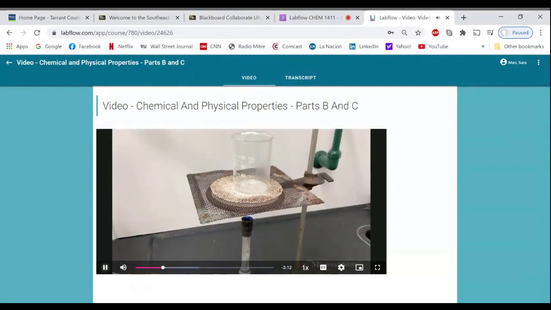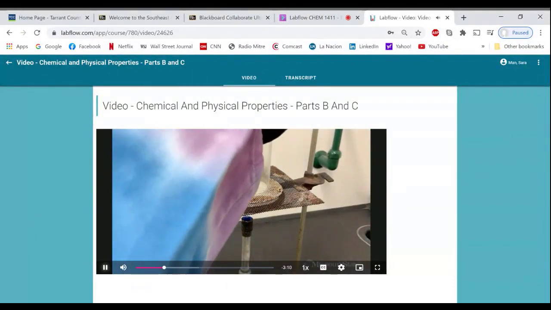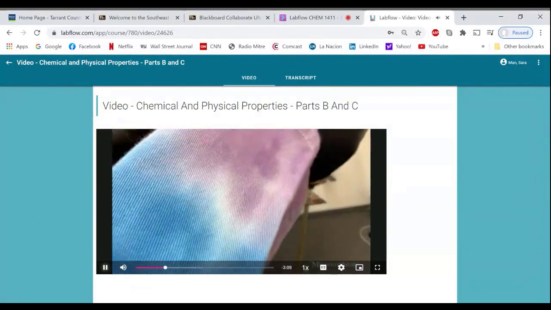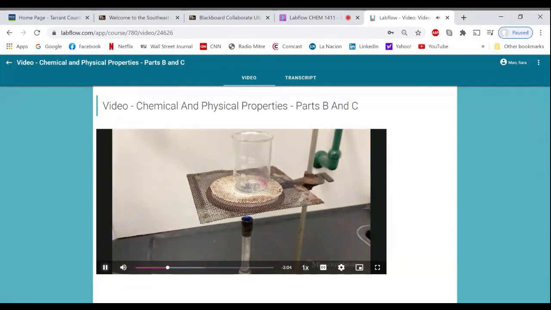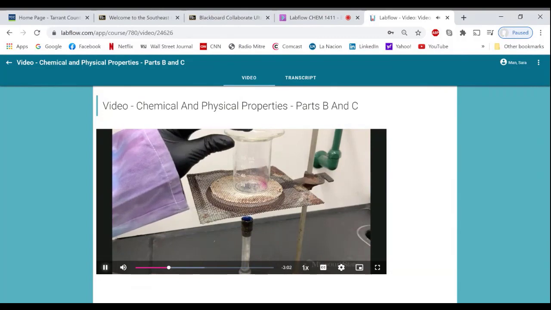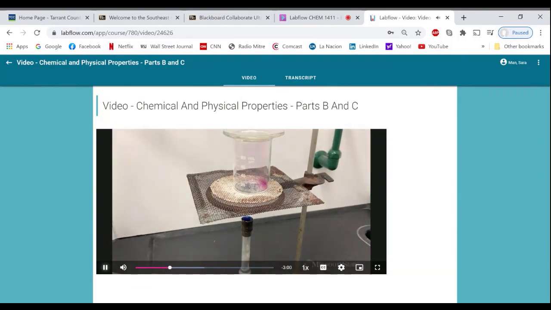She has a beaker. And now she's adding iodine crystals into the beaker. And they ask you, how do they look? They look dark purple, almost black before heating.